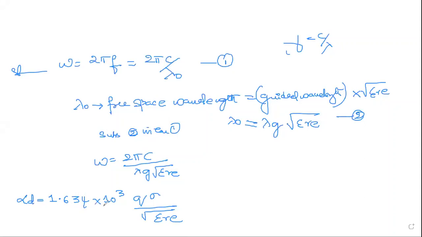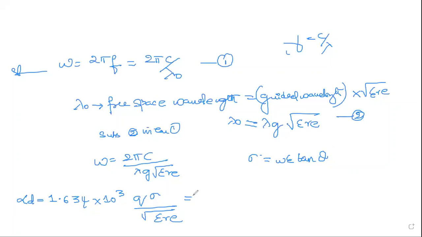That is 1.634 into 10 to the power 3 Q, but we also know that sigma is equal to omega epsilon tan theta, the first equation which we have written for tan theta. So you can write sigma as omega epsilon tan theta.